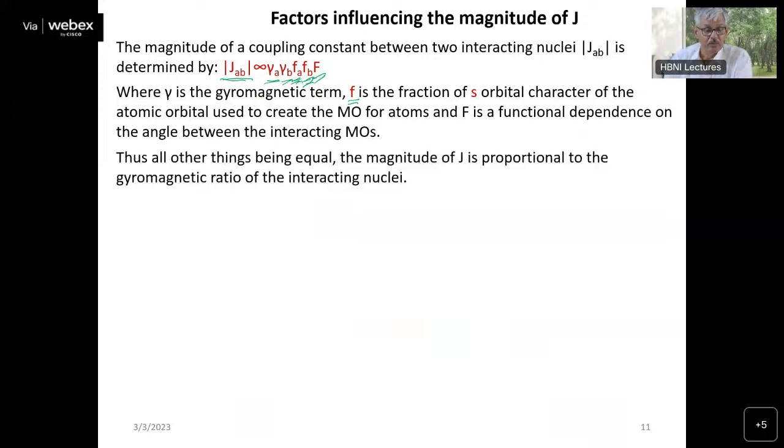Thus, if you keep all other things equal, the magnitude of J is proportional to the gyromagnetic ratio of the interacting nuclei. So if the gyromagnetic ratio is high, you will see the coupling constant is higher. For example, let us say hydrogen coupling constant versus hydrogen deuterium. You will see that the hydrogen coupling constant is more than hydrogen deuterium, because deuterium's gyromagnetic ratio is less.